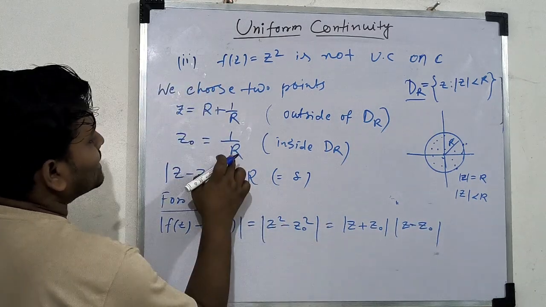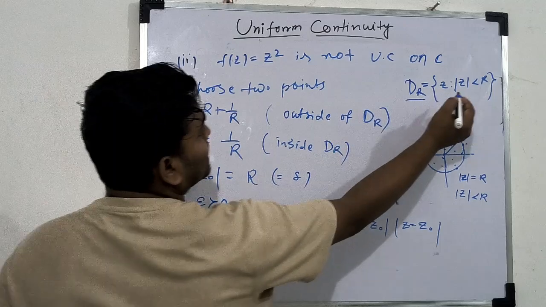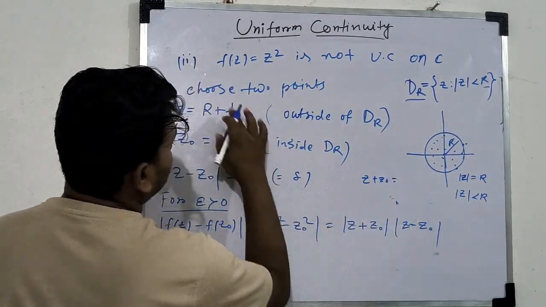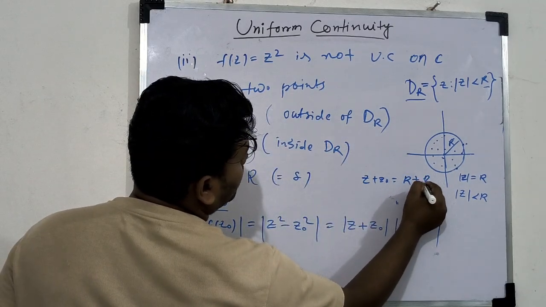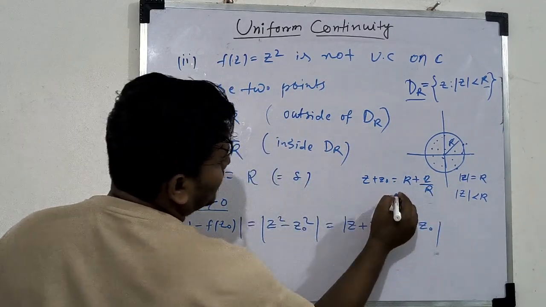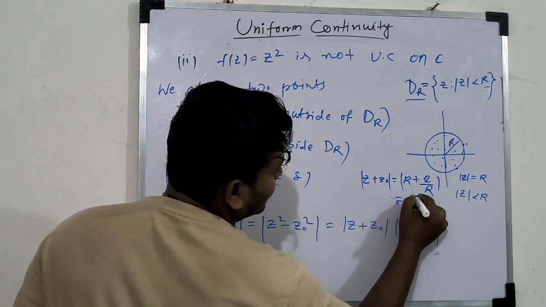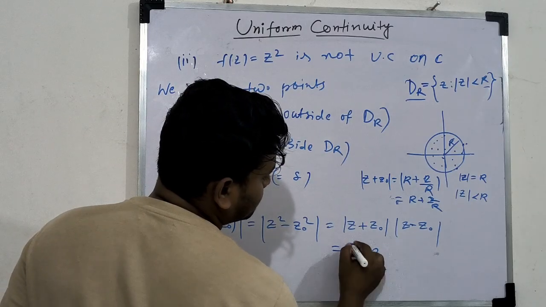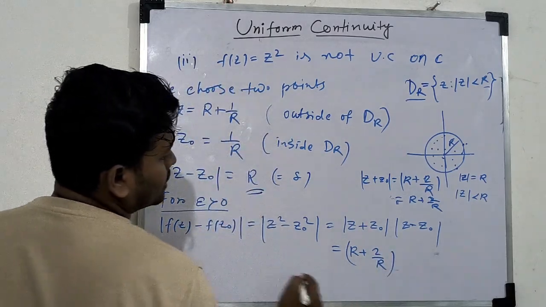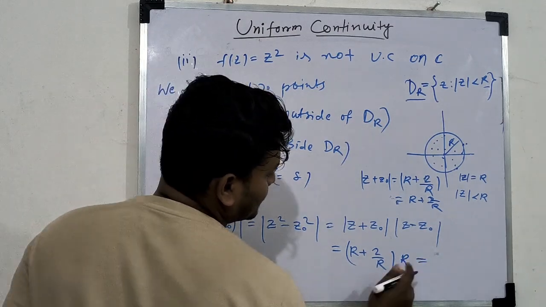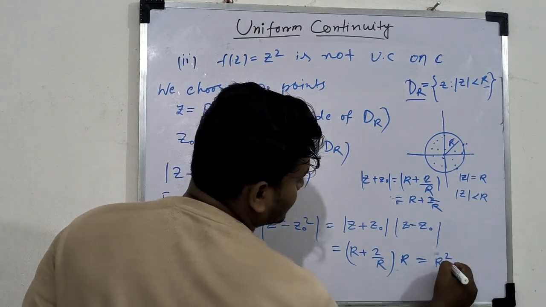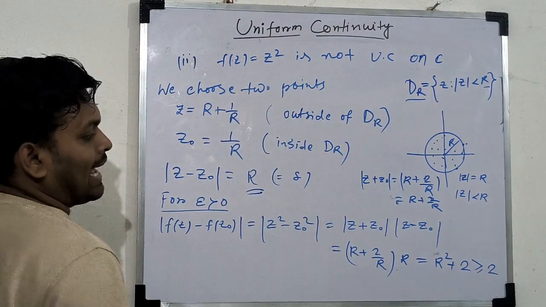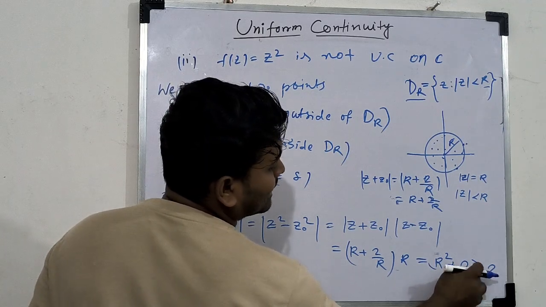As r is a real positive number, z plus z0 is r plus 2 by r. Taking modulus, this is r plus 2 by r, and multiplying by r, this will be r square plus 2, where the r square cancels out in the sense that we get 2. So this is clearly greater than or equal to 2. As this is positive, this is always greater than 2.